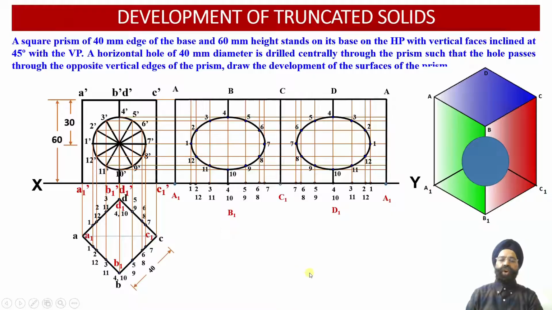So this is all for today. I hope that through this discussion you have understood the procedure, how we evaluate the development of the truncated square prism which has been intersected by a circular cutting plane over here.